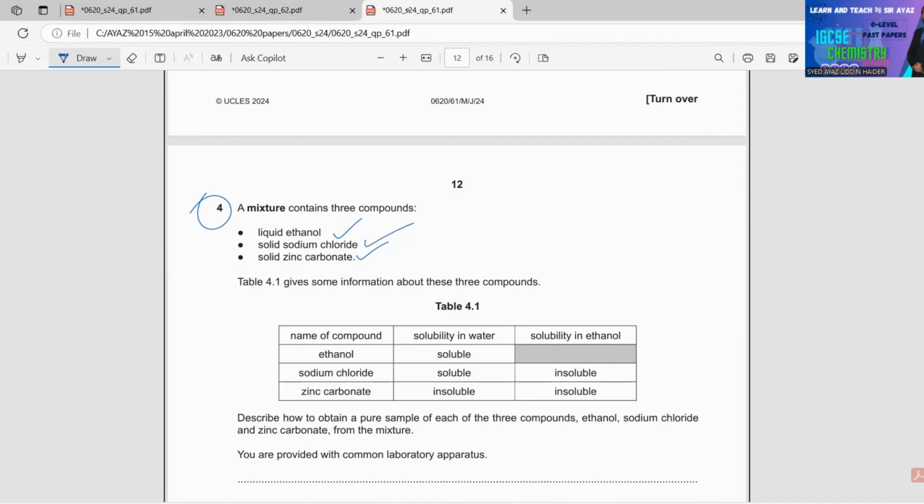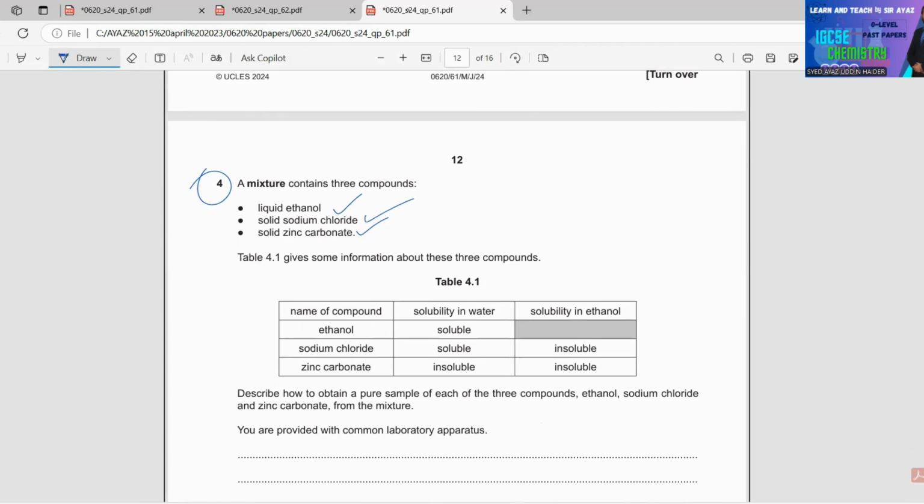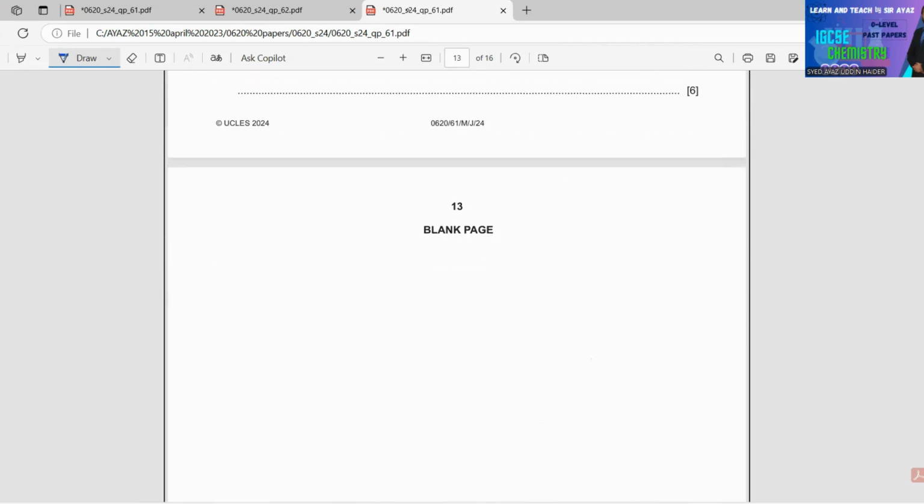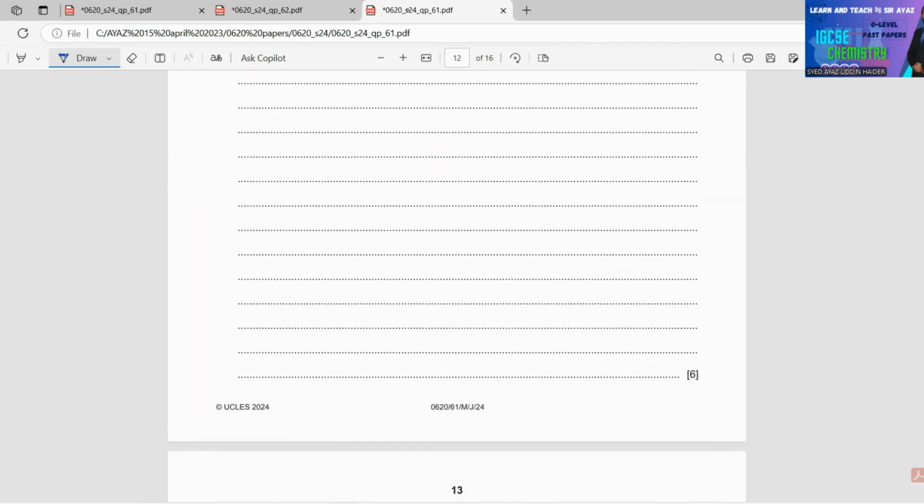It's soluble in water but insoluble in ethanol. Zinc carbonate is insoluble in both water and ethanol. Describe how to obtain a pure sample of each of 3 compounds, ethanol, sodium chloride, and zinc carbonate from the mixture. You are provided with the common laboratory apparatus. Total mark for this question is 6.